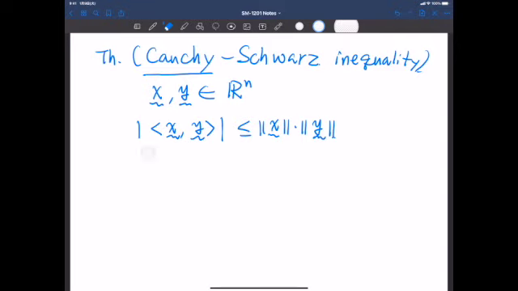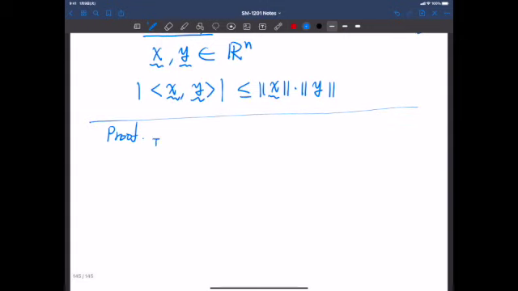Now let's prove this. If x is 0 or y is 0, then this is trivial because both sides are 0, right? Scalar product with 0 vector is always 0, and the modulus is 0, so both sides are 0, and this is true.